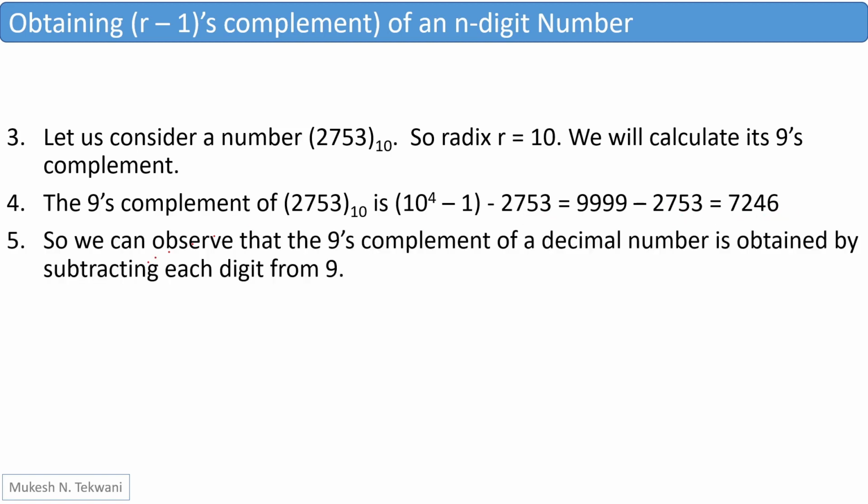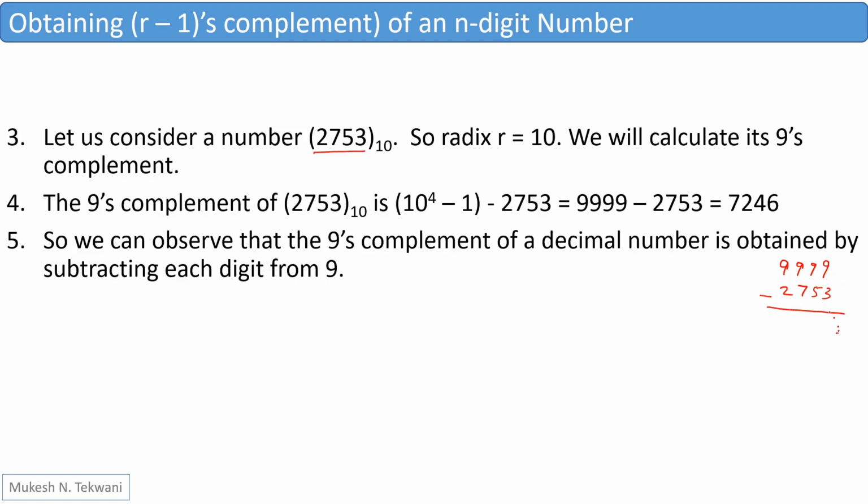So we can observe that the nines complement of a decimal number is obtained by subtracting each digit from 9. We write 9999, taking 4 nines because our original number has 4 digits, and subtract from this the given number 2753.